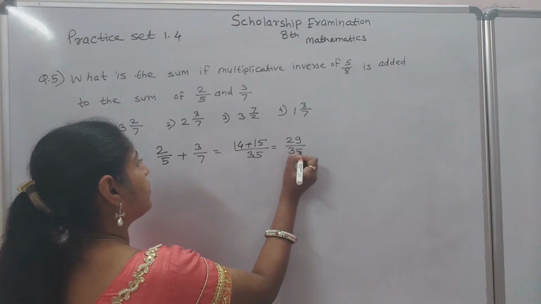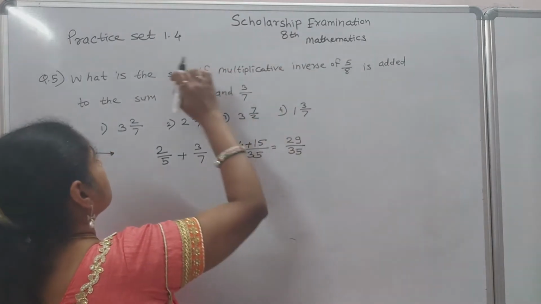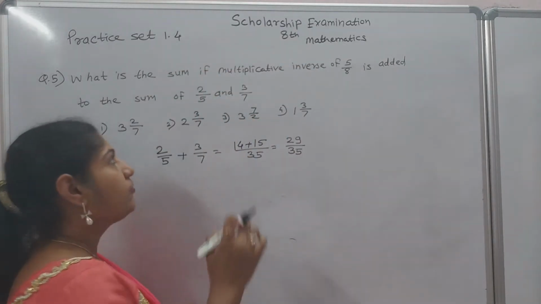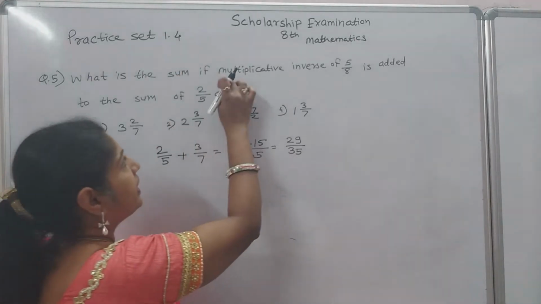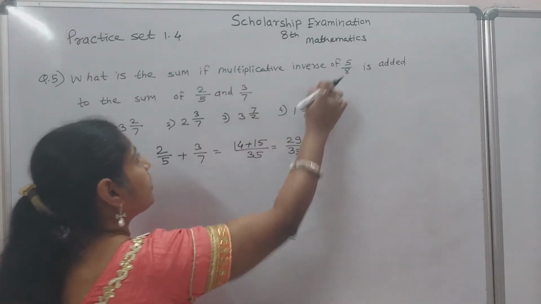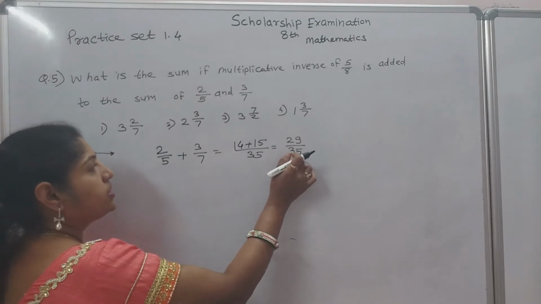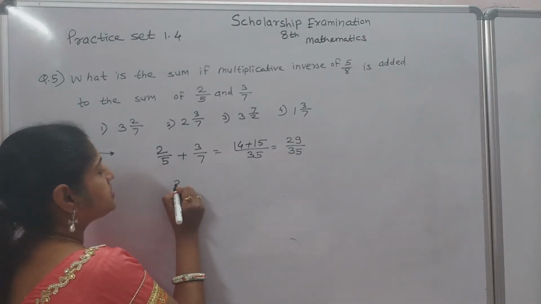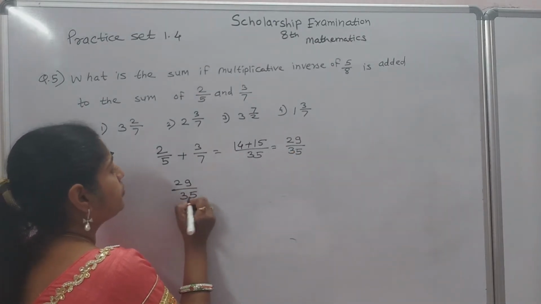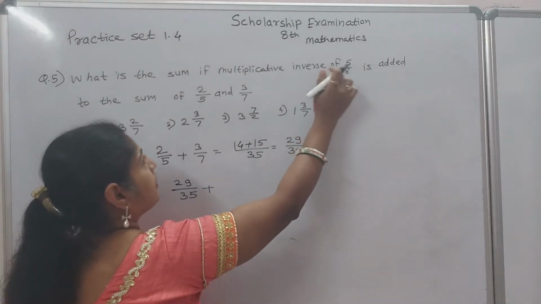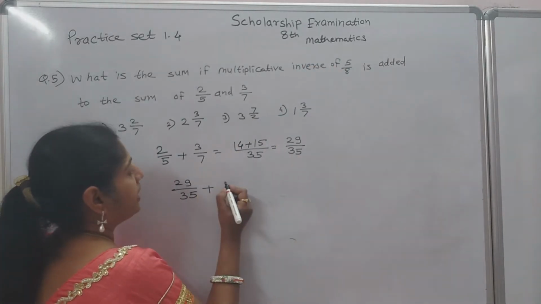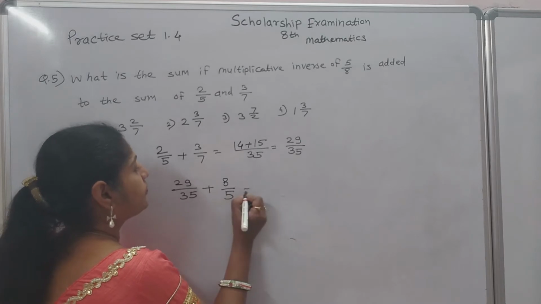29 upon 35. Now again we have to add. We have to find the summation of the multiplicative inverse of 5 upon 8 added to this sum. So this sum 29 upon 35 plus the multiplicative inverse of 5 upon 8, which is 8 upon 5.